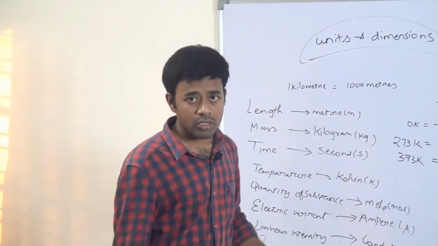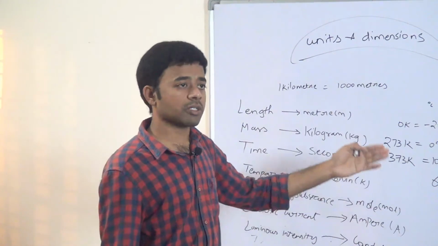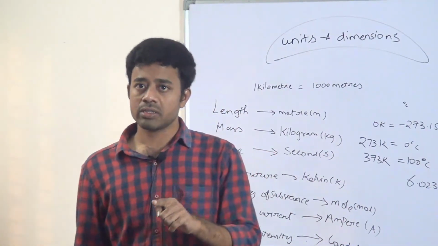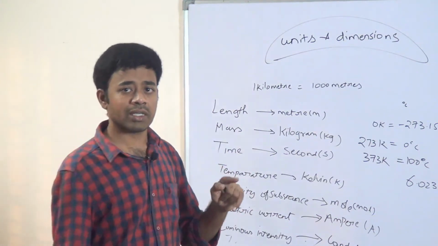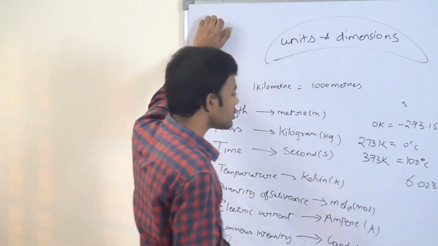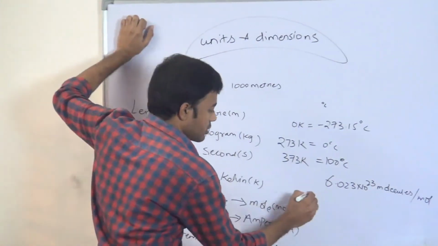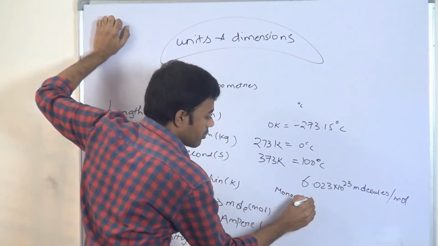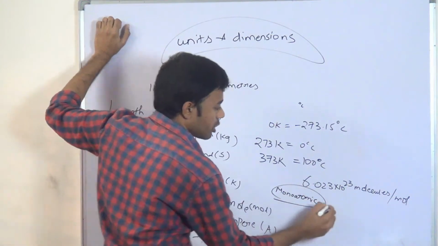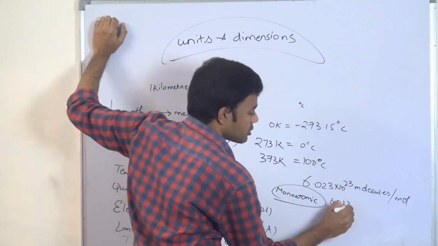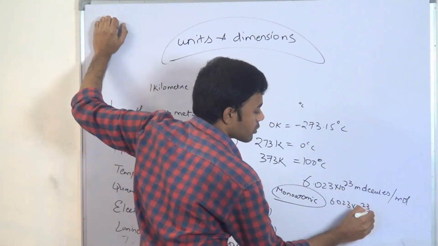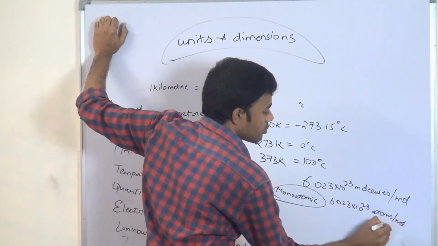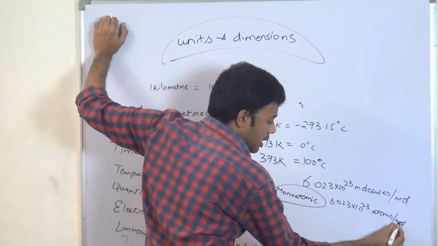We can also say 6.023 into 10 to the power of 23 atoms per mole if it contains a single atom. So if it is monoatomic, we can write 6.023 into 10 to the power of 23 atoms per mole.